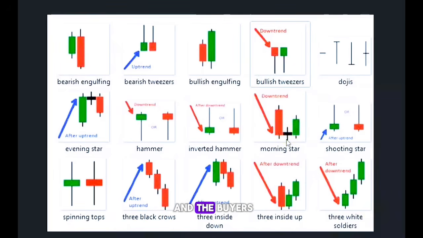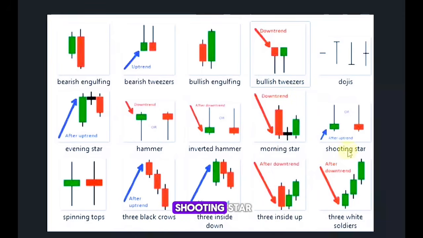The sellers and the buyers are struggling. Who will take control of the chart? Who will take control of the market? And then a bullish candle of this form occurs. This shows you that the buyers are trying to take control of the market and you should be looking for a buying opportunity because the market is about to reverse.